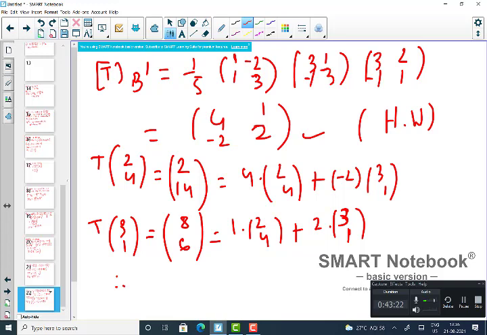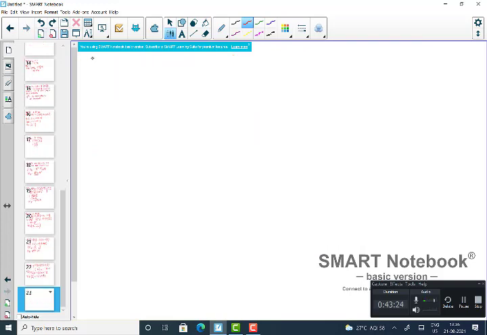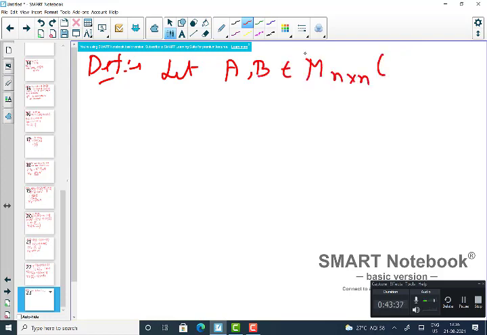Okay, so with the help of this, we will define one final thing for today's lecture. Let you have two matrices A, B of the same order, so n cross n matrices. Otherwise we can't talk about the inverse, right? Over some field.